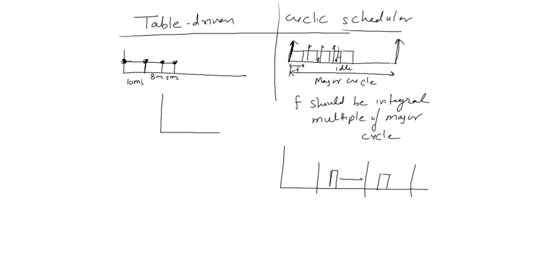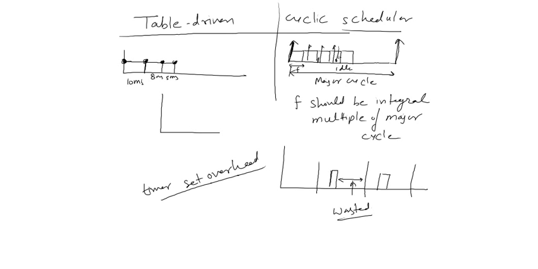A lot of time is wasted. So in the cyclic scheduler the disadvantage is that a lot of time will be wasted. However, the advantage is that the timer set overhead is less.